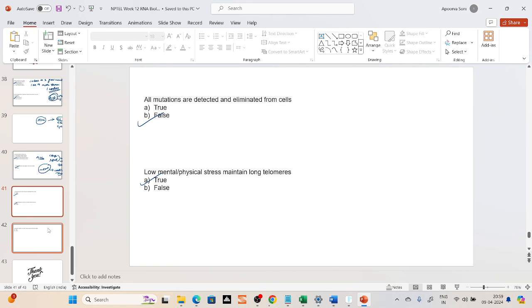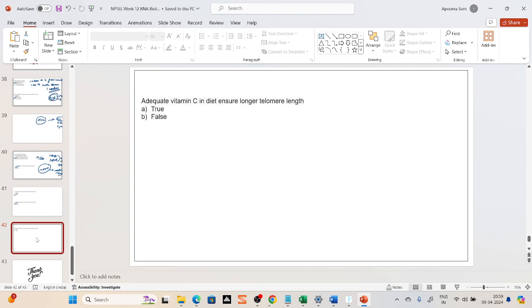The next question is the last question. Again, we studied this last week also: adequate vitamin C in diet ensures longer telomere length. True or false?